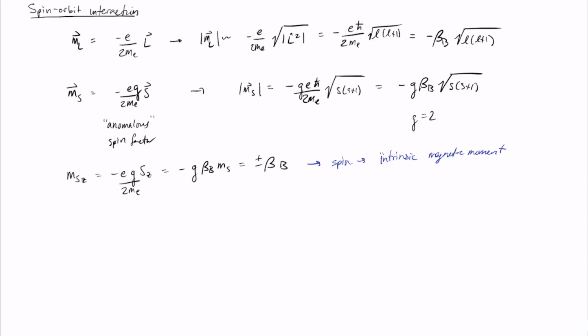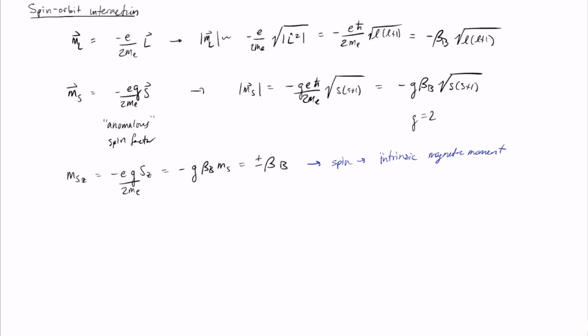There is also a magnetic moment coming from m sub l, or coming from the orbital angular momentum of the electron. And when you have two magnetic moments that are both present, just like two electric moments, like dipole moments, for instance, then these two magnetic moments will interact.